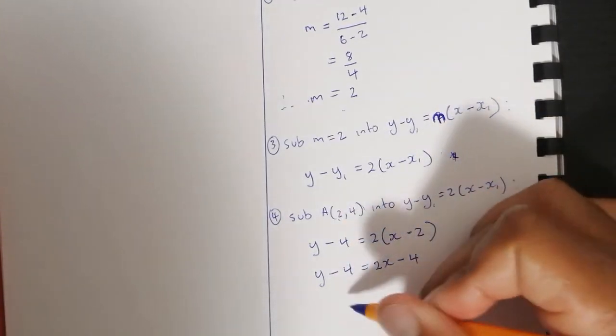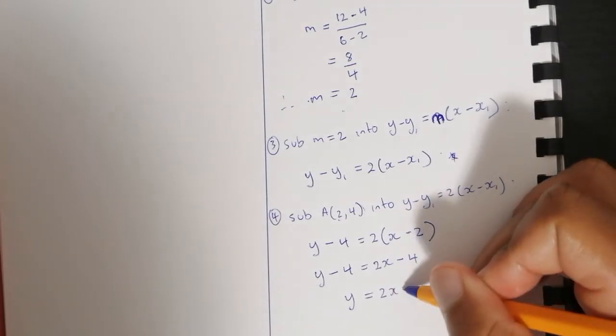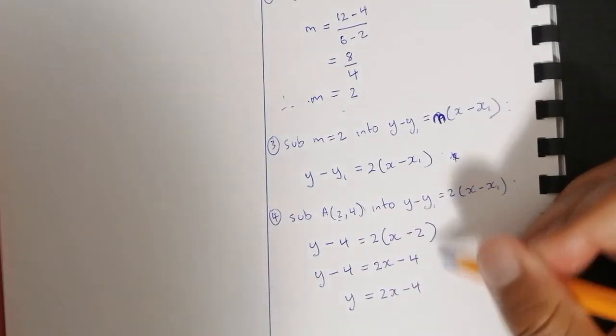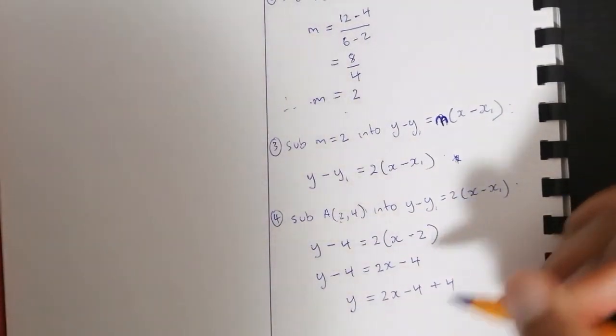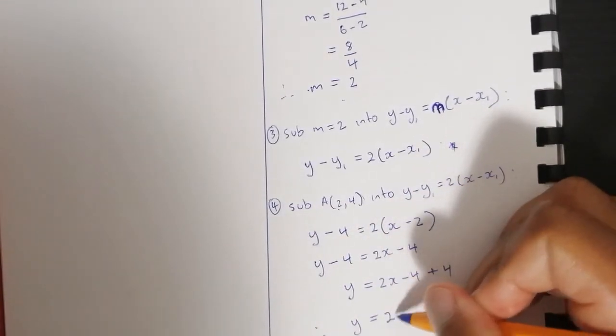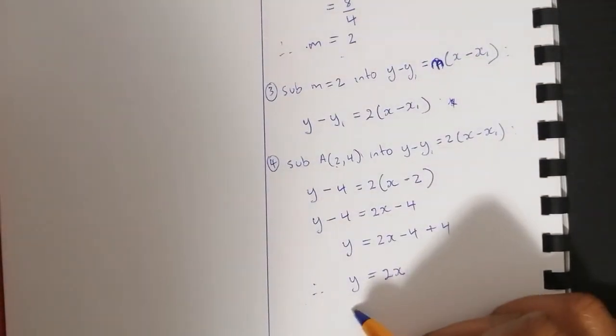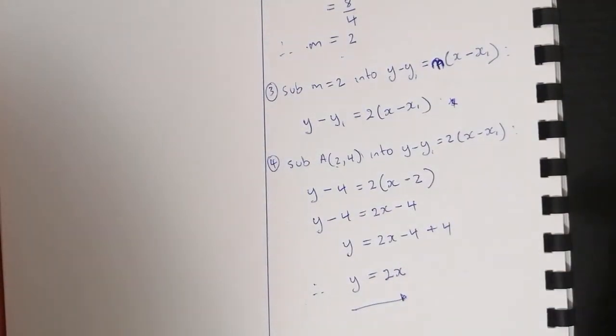Take this 4 to the other side, gives us y equals 2x minus 4 plus 4. Therefore, y equals 2x. And that's it. That's our equation.